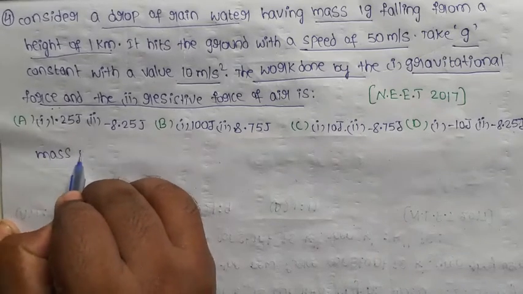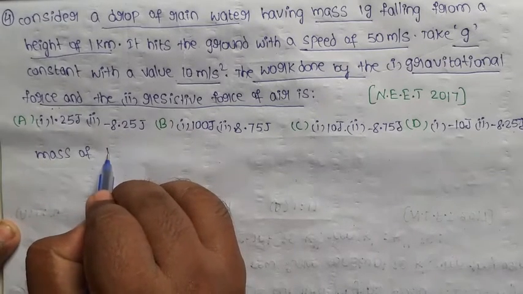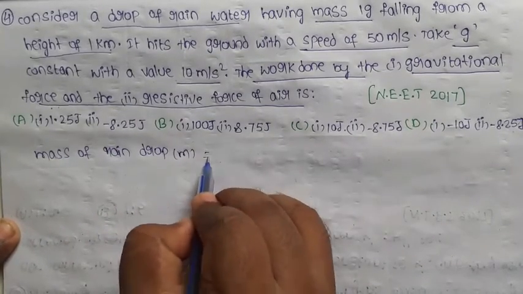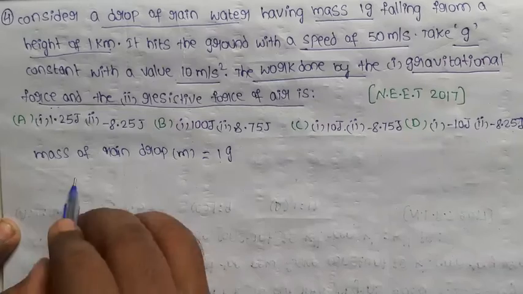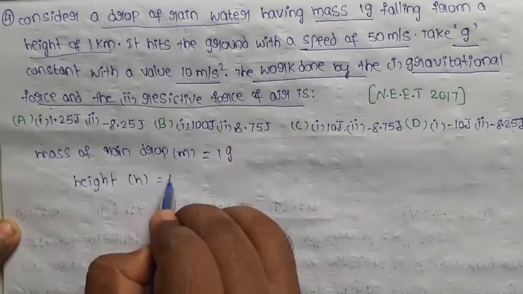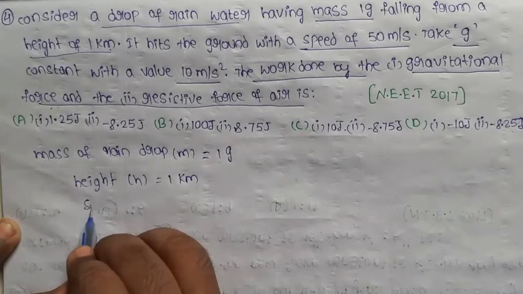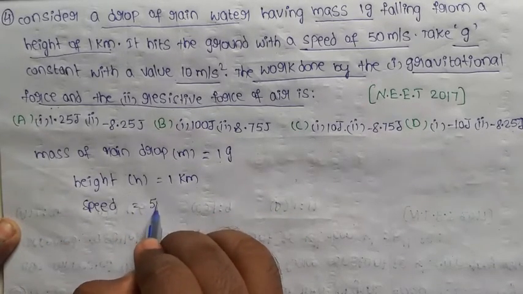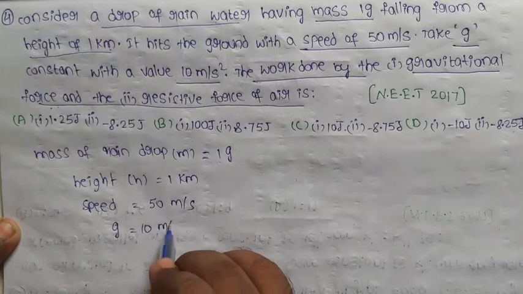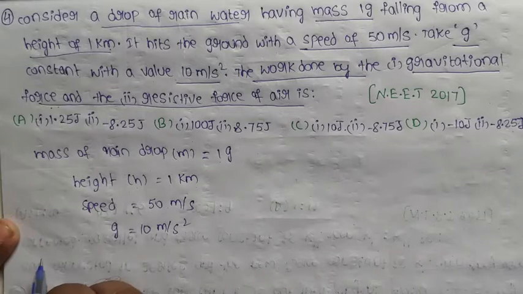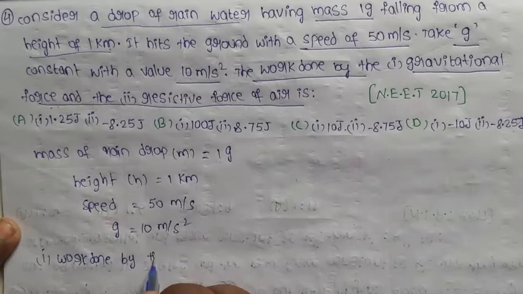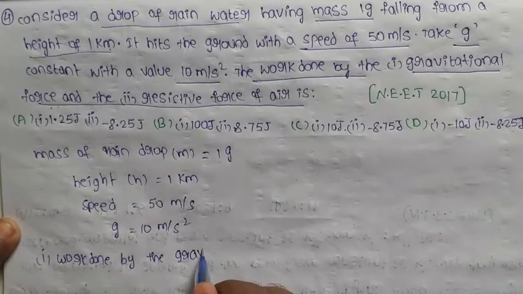First of all, what is given here? The mass of the raindrop is m equal to 1 gram, the height is h equal to 1 kilometer, the speed is 50 meters per second, and g equals 10 meters per second squared. First we are going to find the work done by the gravitational force.